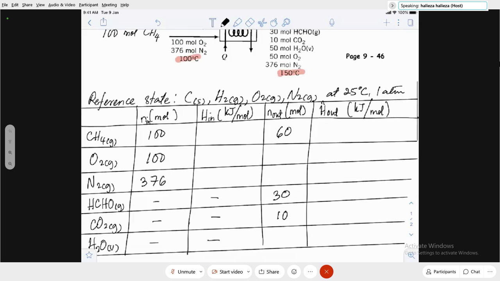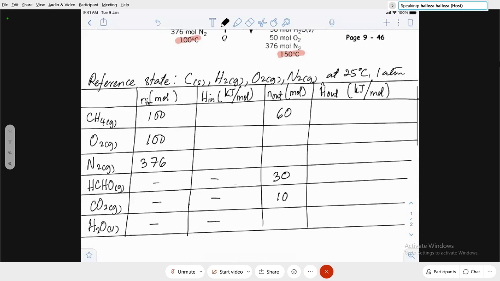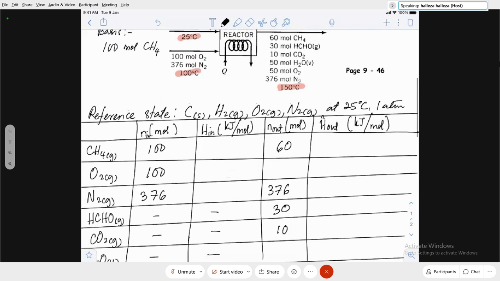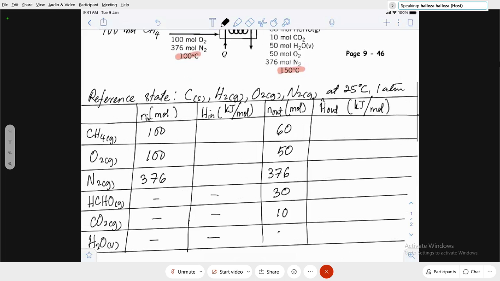I'm looking at the block diagram. Your nitrogen is obviously going to be the same inlet and outlet because it's not really participating in the reaction. How about your oxygen? You're going to have 50 mole of oxygen in the outlet, and you have what else? You have your water vapor, that's 50 mole. Right?